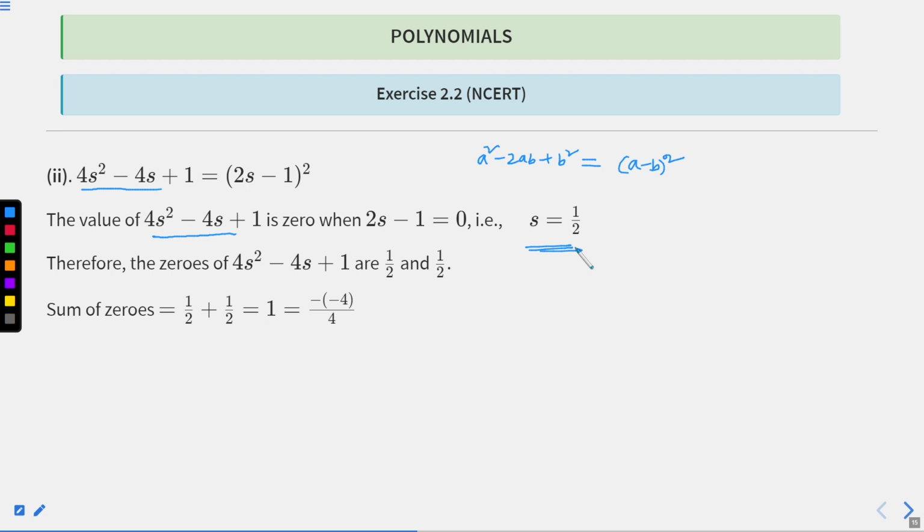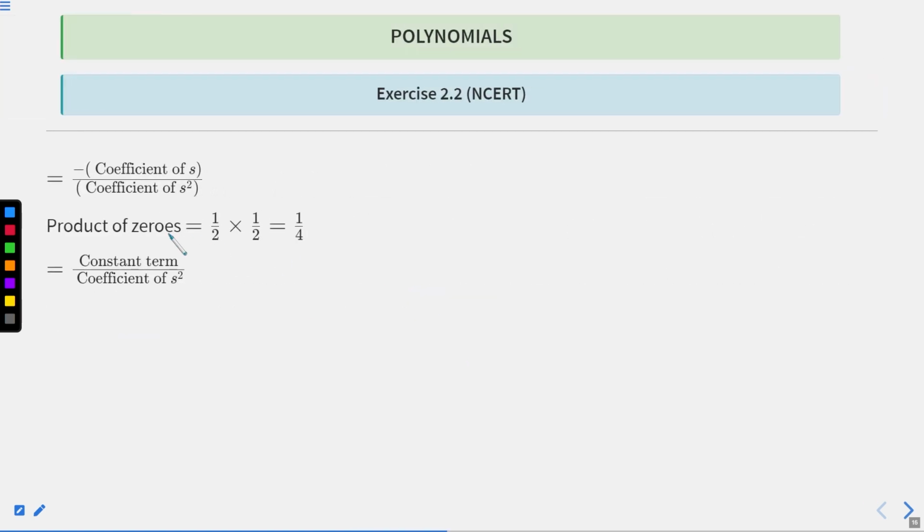The sum of zeros is 1 by 2 plus 1 by 2, which is equal to 1, and this can be written as minus 4 upon 4, that is, minus the coefficient of s divided by the coefficient of s squared. So the sum of zeros is verified. The product of its zeros is 1 by 2 times 1 by 2, which is 1 by 4.